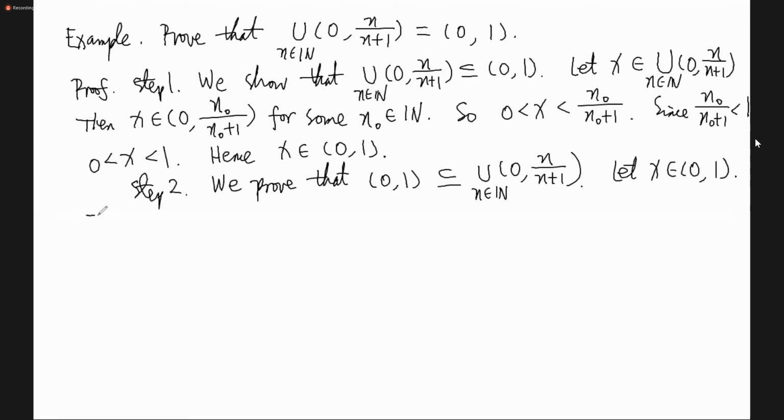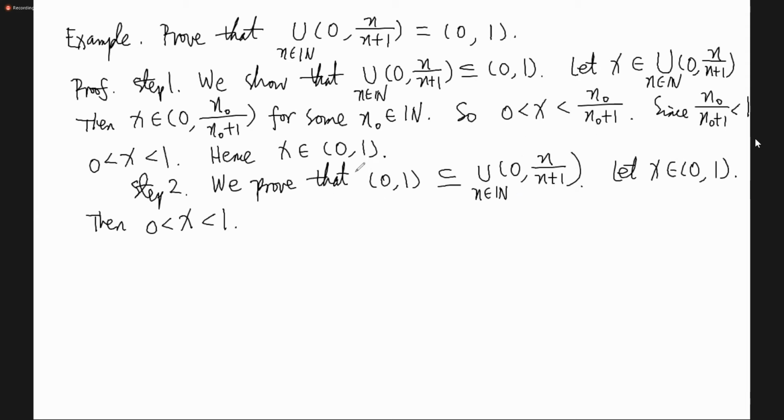Okay, so x is in (0, 1), then this tells us x is greater than 0 and less than 1. Okay, now here comes the tricky part. What we want to do is to find a natural number n so that x is less than n over n plus 1.